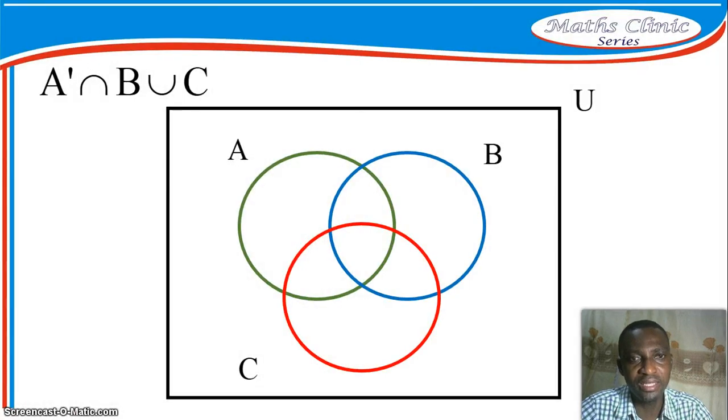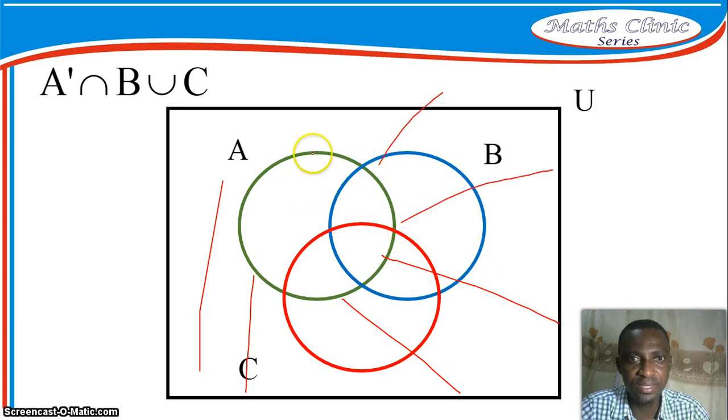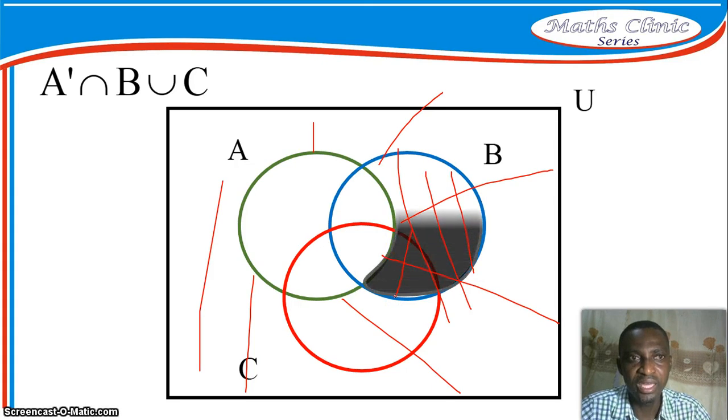Can you pause the video and try this? Now, when we say A complement, that means we are looking at everything outside A. Everything outside A, intersection B. And then intersection B means we look at where we can double shade the B. Then union C, and everything in C. And so A complement intersection B will take care of only this.